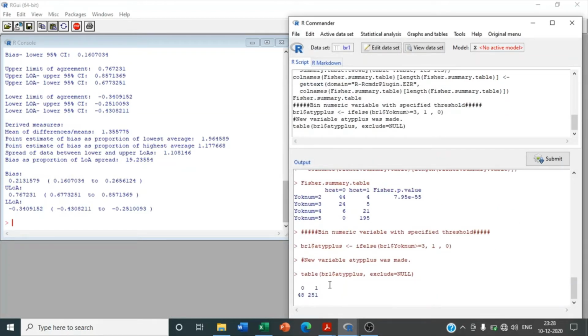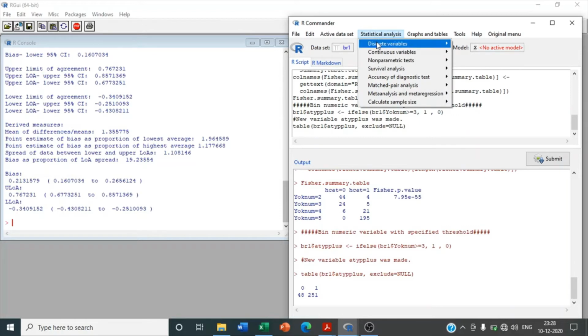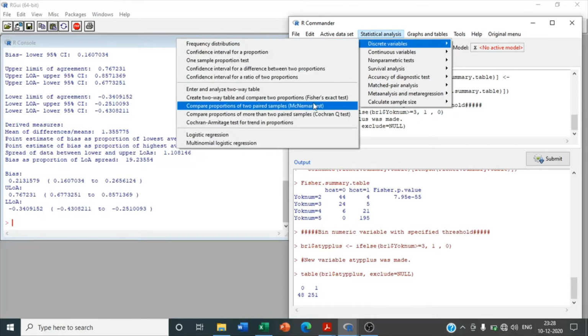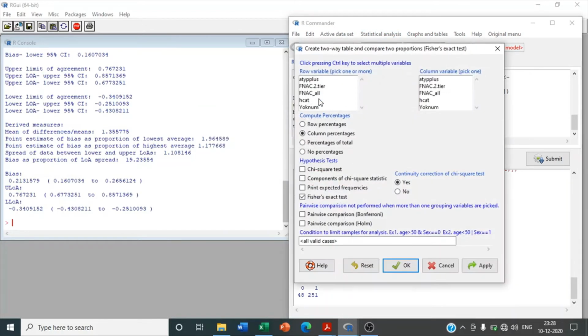We have created a variable atyp plus. We can always check whether we have done it correctly or not by another cross tabulation. Okay, atyp plus and Yochnam.